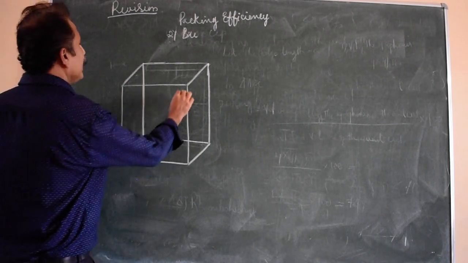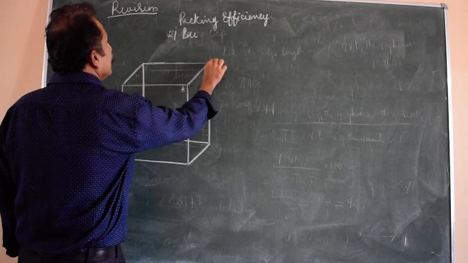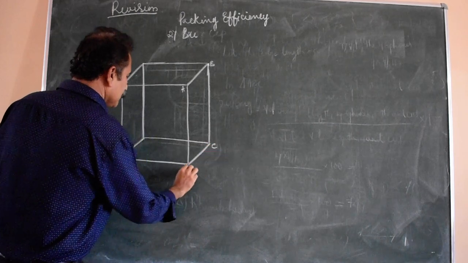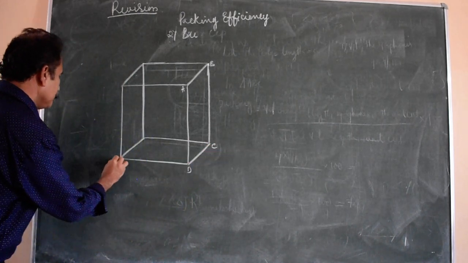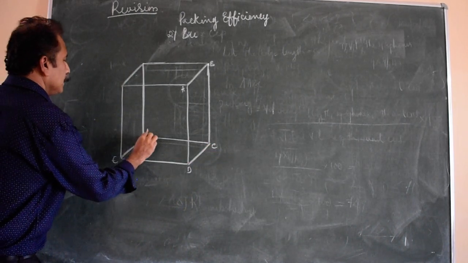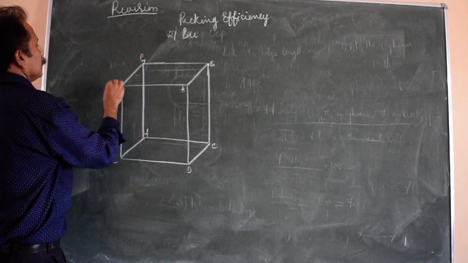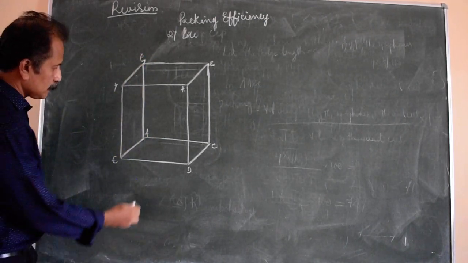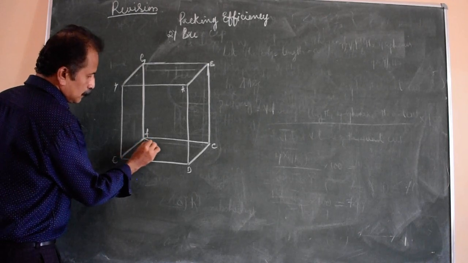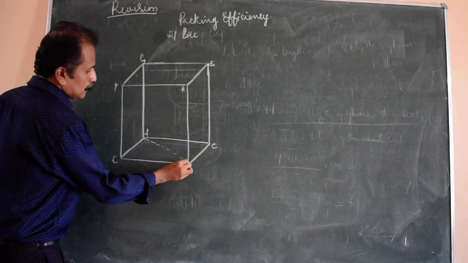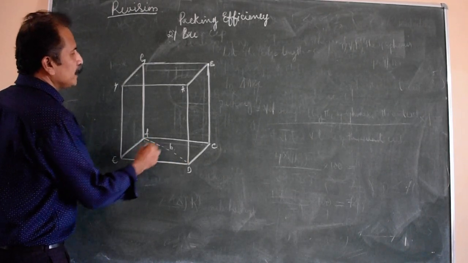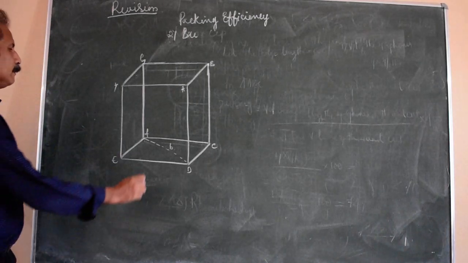Okay, so this is A, B, C, D, E, F, G and H. Now first draw, call this as B. Then draw a diagonal.